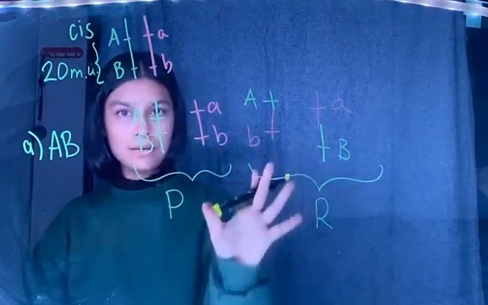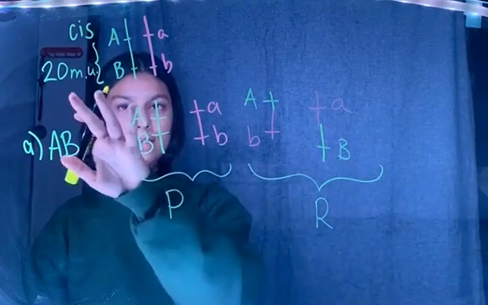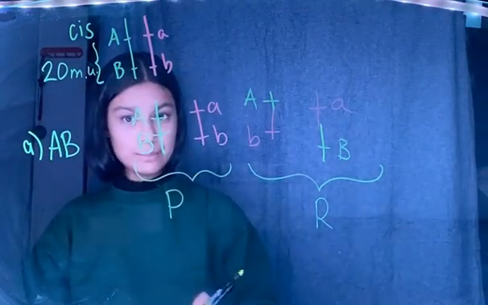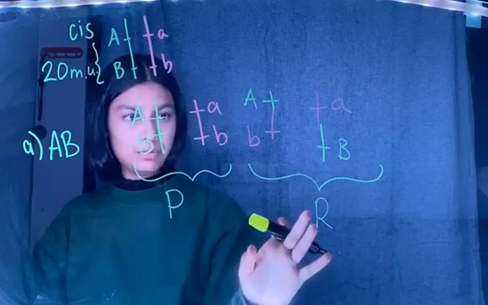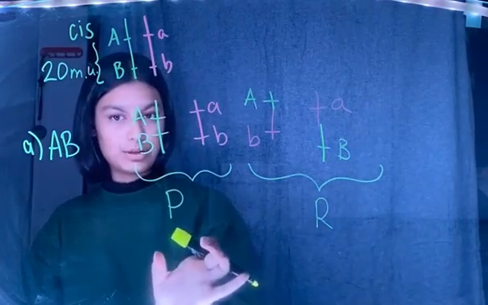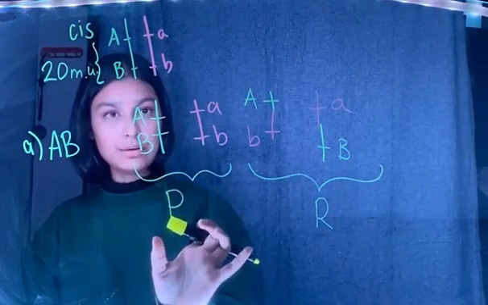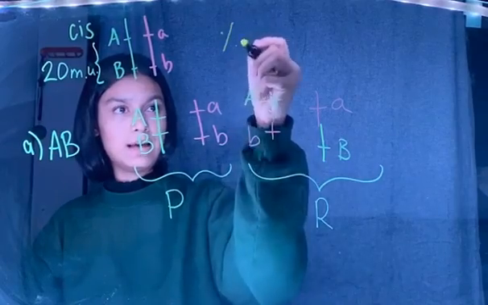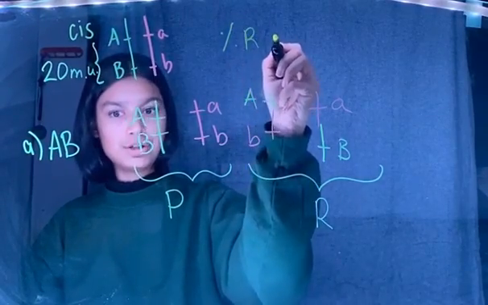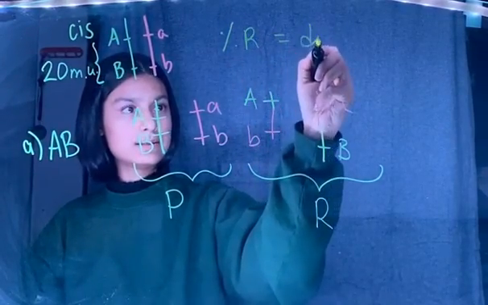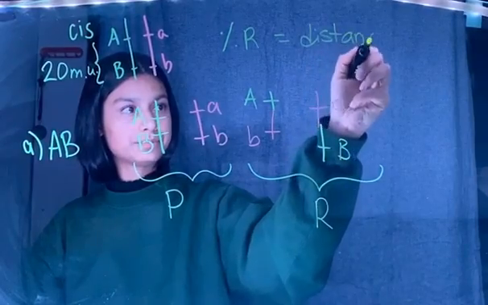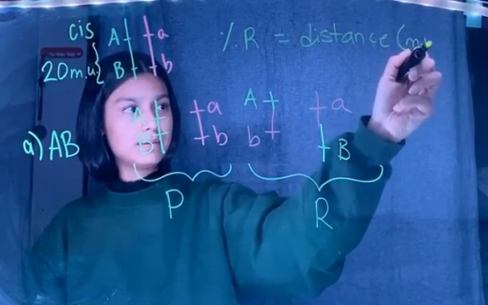Now that we know this, and we also know the distance between locus A and B, to determine the proportion that will be recombinant and the proportion that will be parental, we only need to use the formula that states that the percentage of recombination is equal to the distance between the genes in map units.